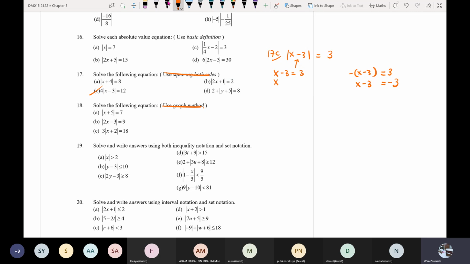Okay, barulah you selesaikan. x equals 6, x equals 0. So your answer: x equals 0 or x equals 6.